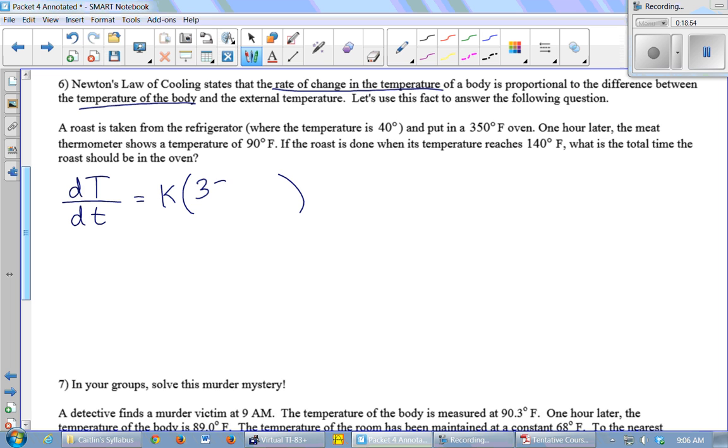But I like to do the subtraction so that the answer is positive. All right, that is much better. Now we have to solve this. I'm going to separate by multiplying both sides by dt and dividing by 350 minus T.